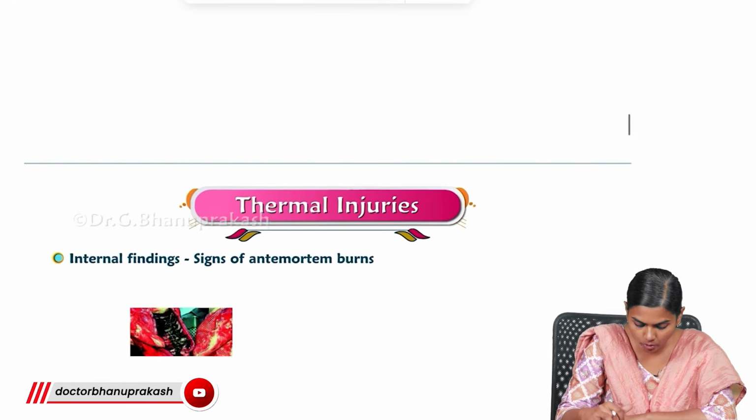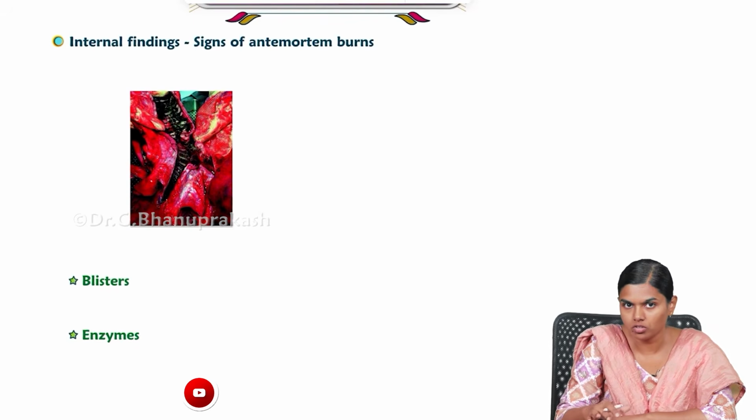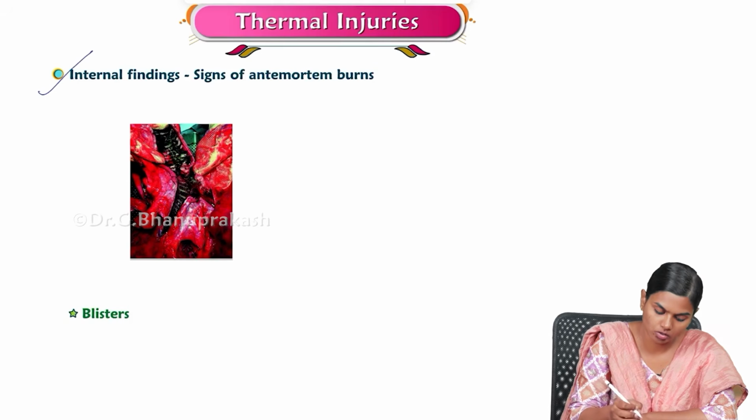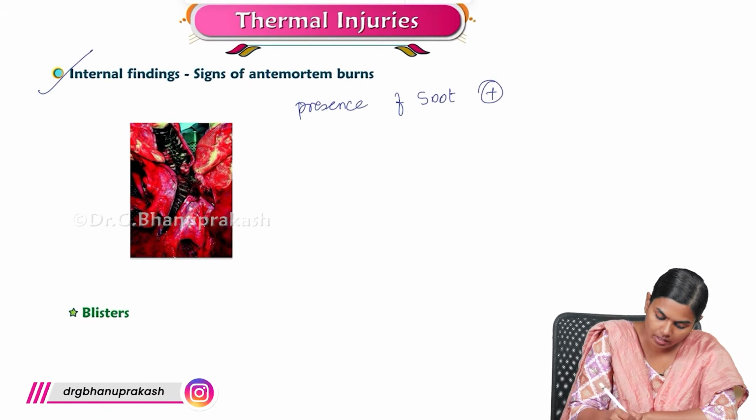So, if you want to see what are the surest signs of antemortem burns, you have to look at the internal findings first. One important finding is the presence of soot beyond the bifurcation of trachea.